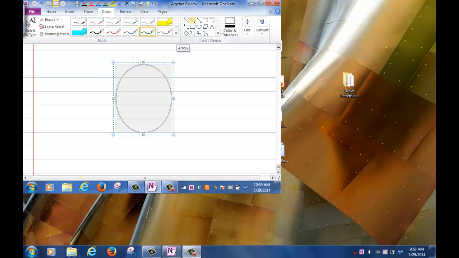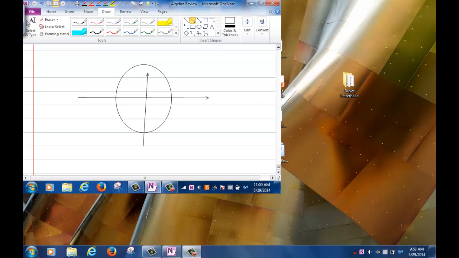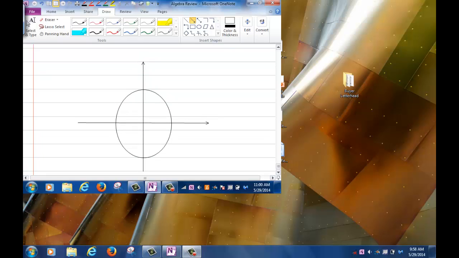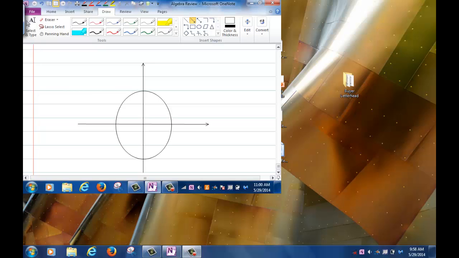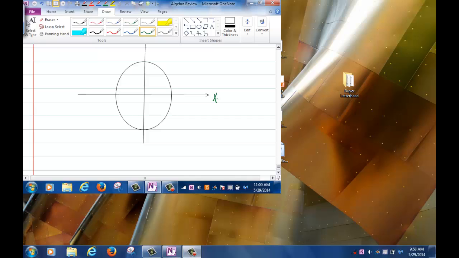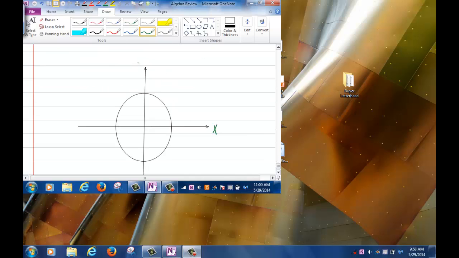This is what I wanted to do. Let's say this is my x-axis, and this is my y-axis.